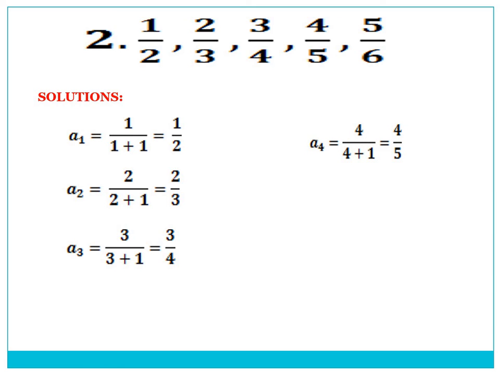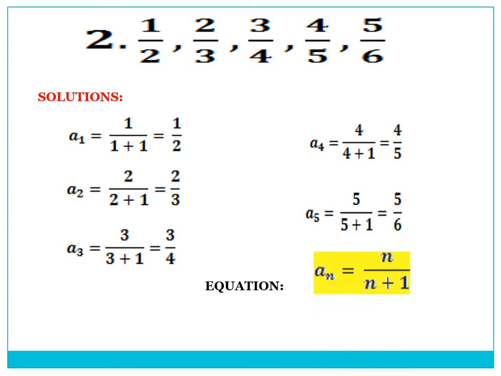A sub 4 is 4 all over 4 plus 1 equals 4/5. Then a sub 5 is 5 all over 5 plus 1, which is 5/6. We can have the general equation for this: a sub n equals n all over n plus 1.